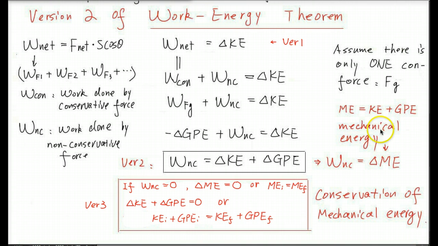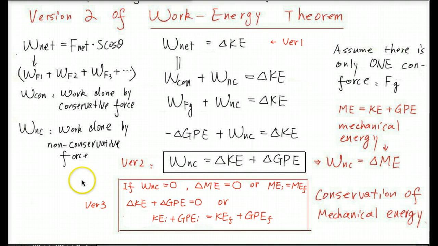Anyway, the mechanical energy is the sum of kinetic energy and potential energy. Then this version 2 can be written in a simpler form: the work done by non-conservative forces equals the change of mechanical energy. So that's version 2.